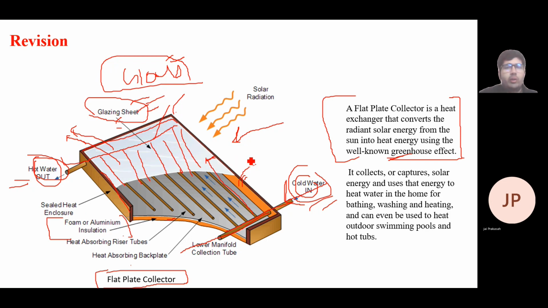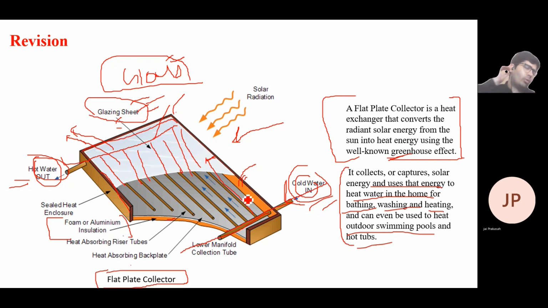So it collects or captures solar energy and uses the energy to heat water in the home, for bathing, washing, and heating, and can even be used to heat outdoor swimming pools and hot tubs. So there are multiple uses.